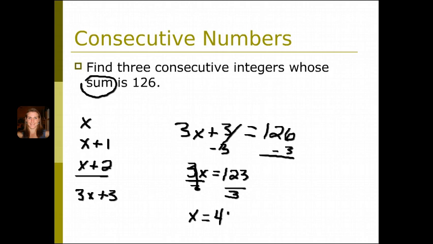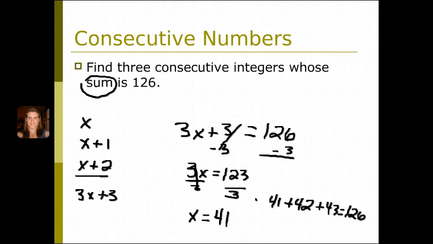So now let's try this out. If we said 41 was our first number, and we added 42, because that should be our second consecutive number, and then we added 43, would that equal 126? Yes, it does. Therefore, our work is correct.